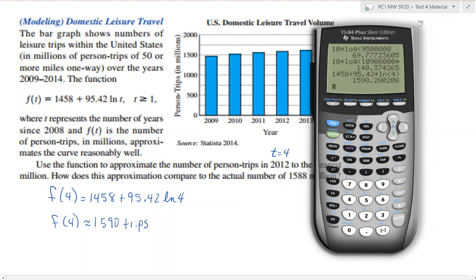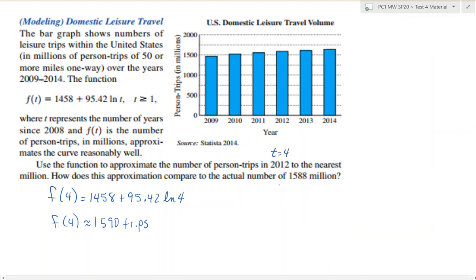And we're off just by a small number, just 2 million trips. So if you're looking for something to model it, I'd say that that's a pretty good model, even though you're off by quite a bit, really.